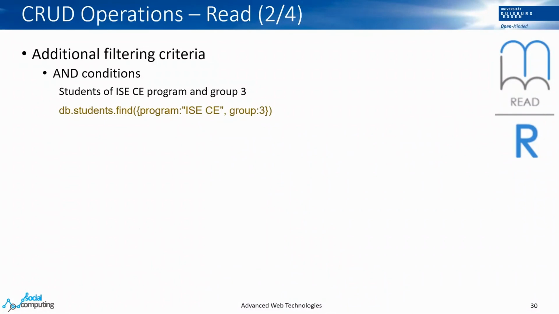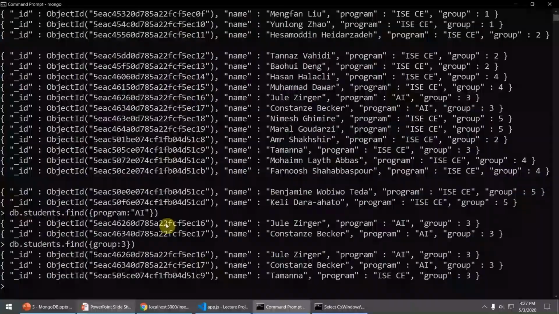While defining these criteria, you can apply different conditional operators, for example AND conditions. Let's say you want to see the student who belongs to ISE and also group 3. This way you can define an AND operation, and it's very easy to do. For example, we want students who belong to the ISE program.